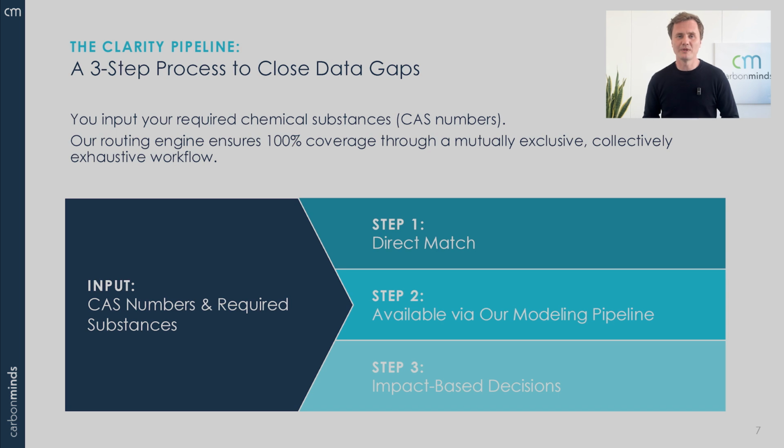As a next step, we map your data needs against our own modeling pipeline. As you can imagine, as a database developer, we are constantly collecting data, also on chemicals that are not yet included in our database, because we expand our database quite quickly. Yeah, and here we have different data sources. Of course, we have data sources where we can get high quality data. We have process modeling capabilities in the company, and we have advanced tools such as retrosynthesis tools, which we combine with process modeling.